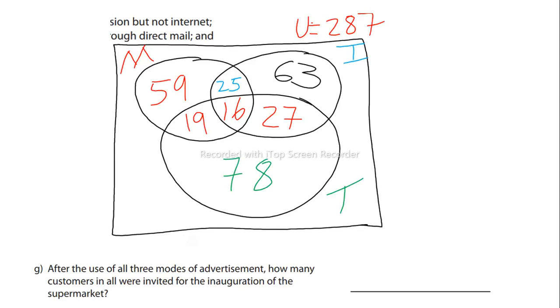287. Is that the cardinality? That's the cardinality of the universal set. Not only does the universal set have a cardinality, any set has a cardinality.